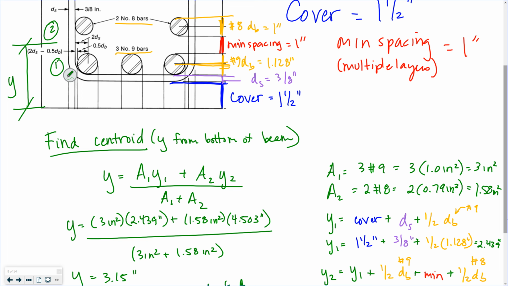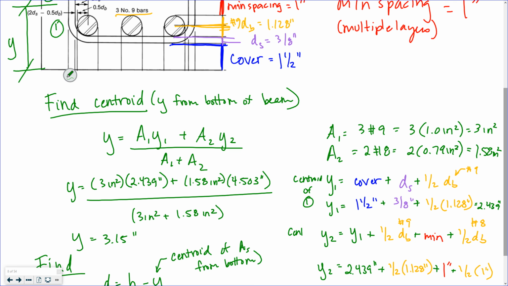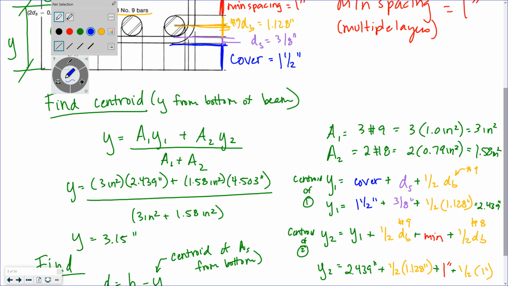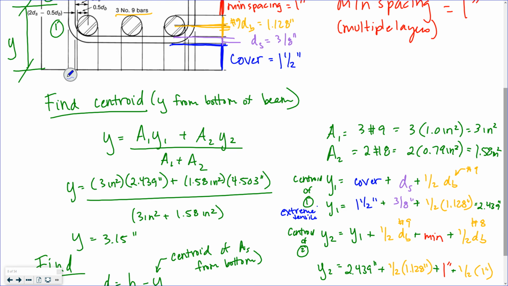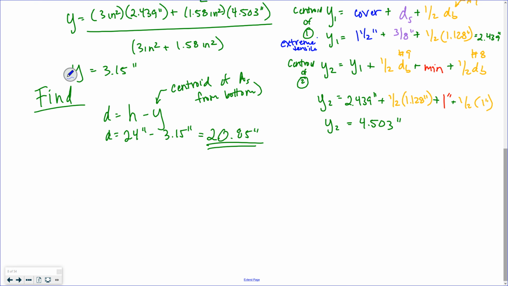Y1 being the centroid of layer 1, Y2 layer 2. dt equals h minus y1 is 24 inches minus 2.439 inches.